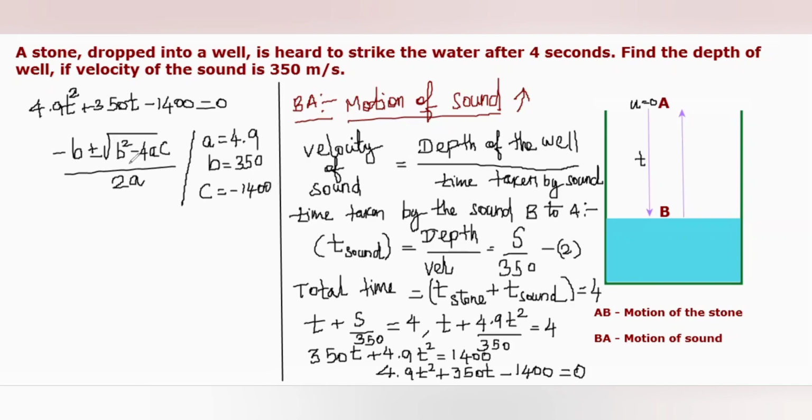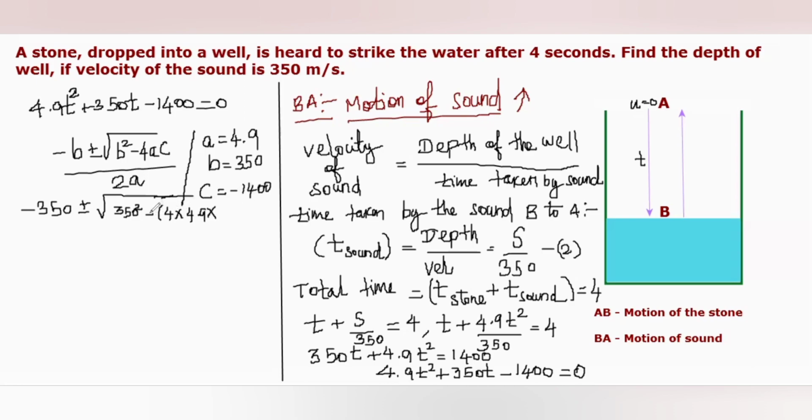Then substitute all the values. Minus 350 plus or minus under root of 350 square minus 4 multiplied with 4.9 multiplied with minus 1400.